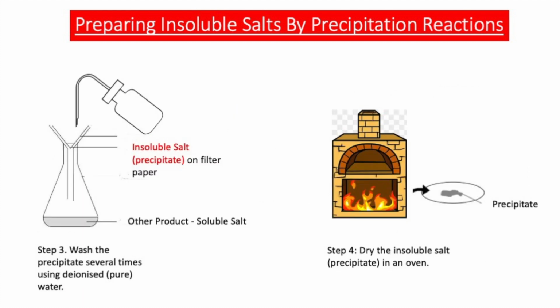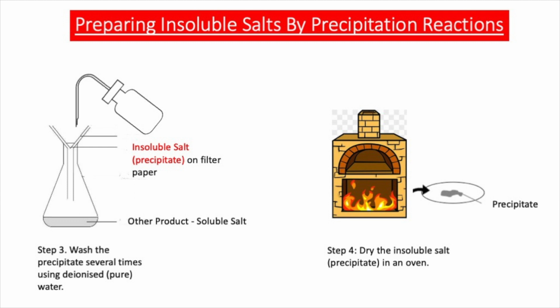Now after you've filtered the mixture, you're left with your precipitate, your insoluble salt, on the filter paper. So your next step is to wash the precipitate several times using deionized water, because you're trying to produce a clean, dry sample of your insoluble salt.